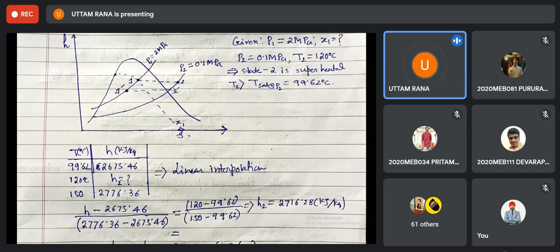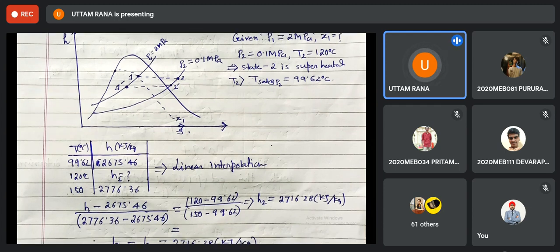So my T2 prime should be at least 5 degree more than that. So it should be equal to 104.62 degree centigrade. So at 104.62 degree centigrade temperature and corresponding to that pressure 0.1 MPa, we have to find the value of H2.